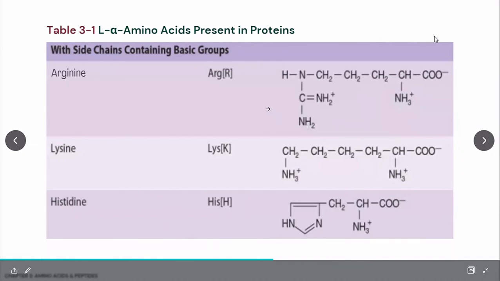Arginine. Then we have lysine. Also, this is basic here. Then we have histidine. Okay, the imidazole group here is basic.